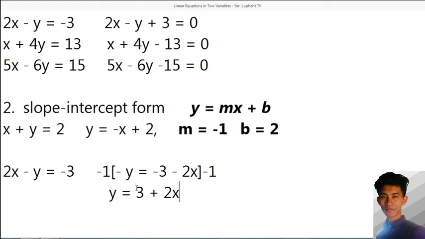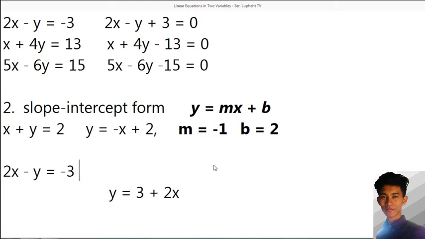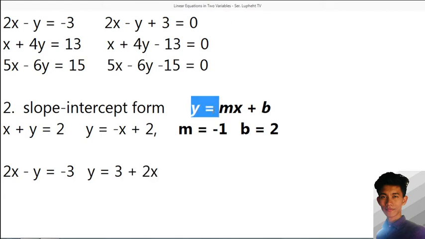Now, conscious tayo dun sa magiging form niya, no? So, sa magiging form niya, kailangan siya ay maging paano? So, I have to delete this and then panoorin nyo na lang po ulit. Okay? So, since ito na ngayon yung kanyang form, itong y is equal to 3 plus 2x, kailangan natin gawin na kasunod ay kailangan katulad siya nitong form na to, y is equal to mx plus b.